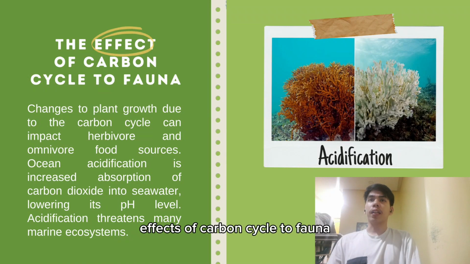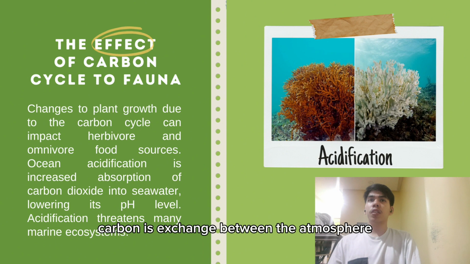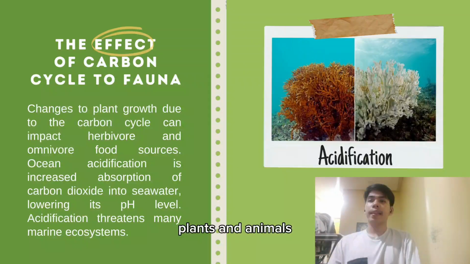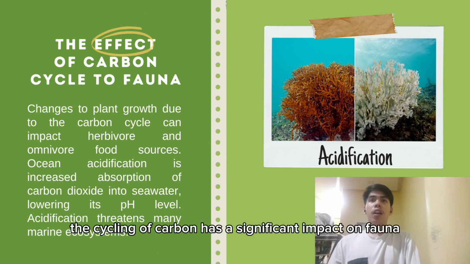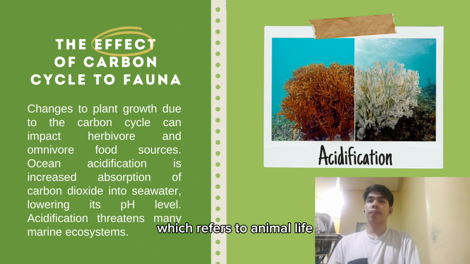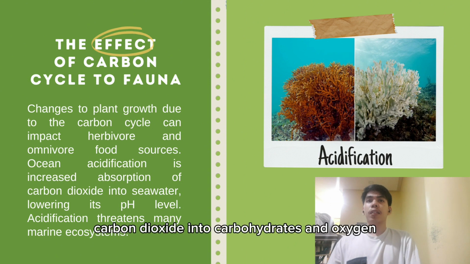Effects of the carbon cycle on fauna. The carbon cycle is the process by which carbon is exchanged between the atmosphere, oceans, land, plants, and animals. The cycling of carbon has a significant impact on fauna, which refers to animal life. This includes the following processes. Photosynthesis by plants converts carbon dioxide into carbohydrates and oxygen.